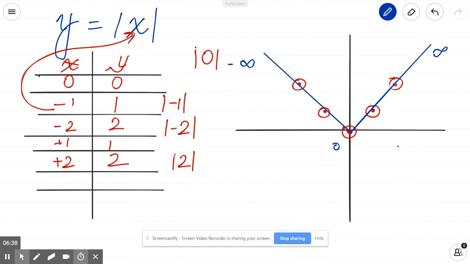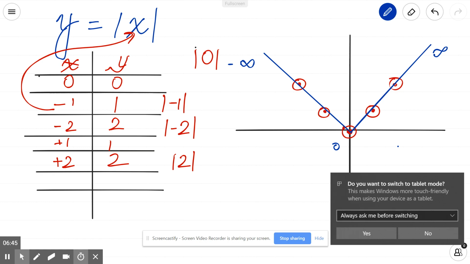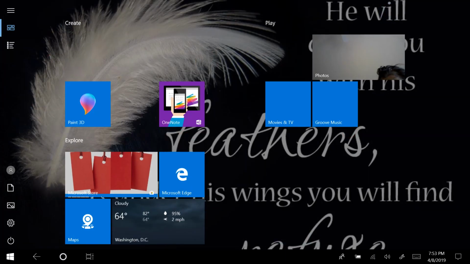All right. So with that taken care of, we are moving back to our note-taking process. And in our note-taking process, we are going to clear this off.